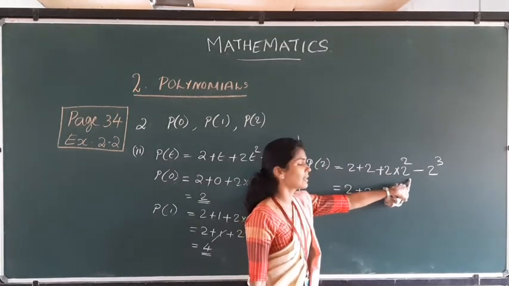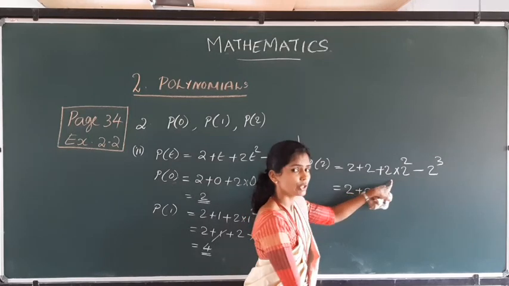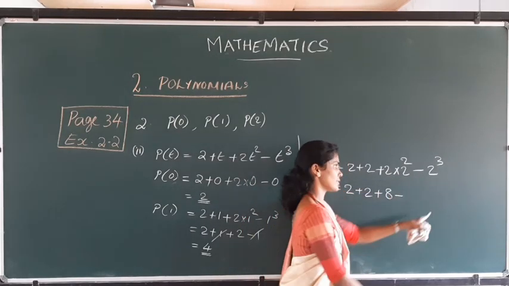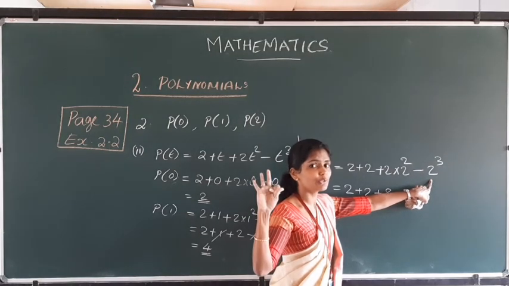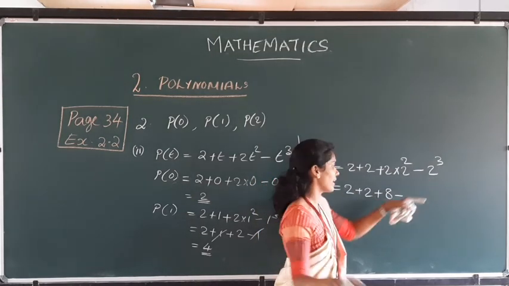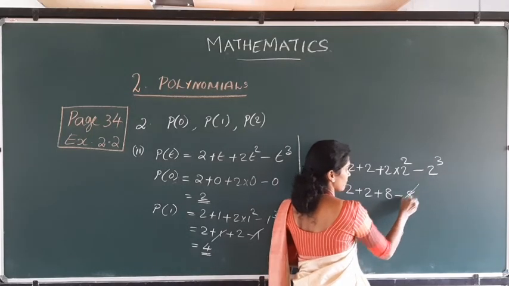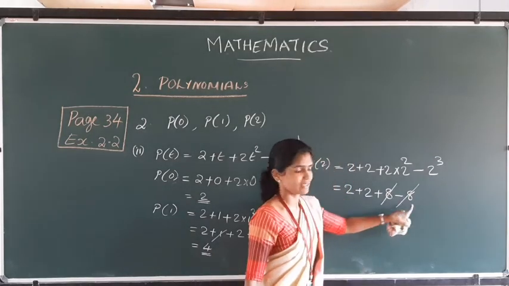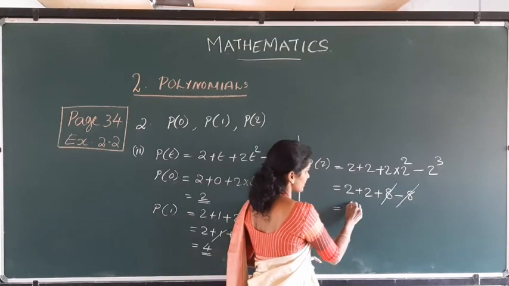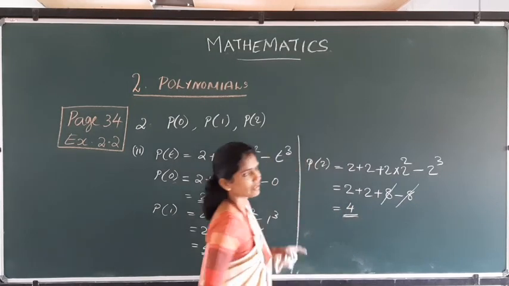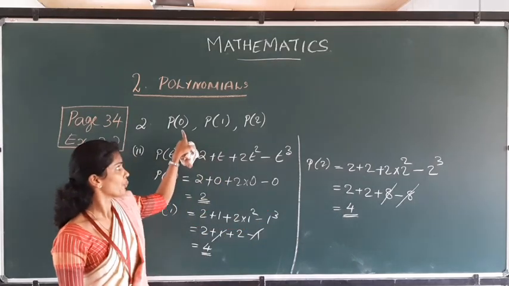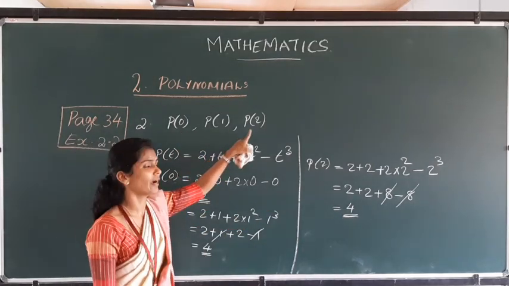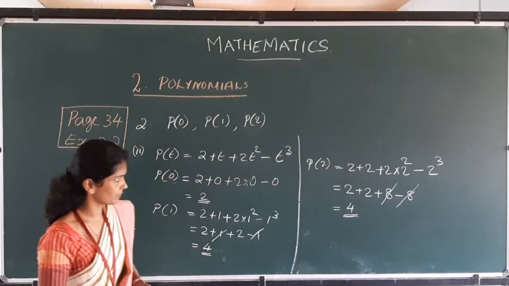What is 2 square? That is 4. 4 into 2, that is 8. Minus, what is 2 cube? 2 into 2, 4. 4 into 2, 8. 2 cube is 8. We cancel these two. This is plus 8. This is minus 8. Therefore, the result is again 4. These three are the values of p of 0, p of 1, p of 2.